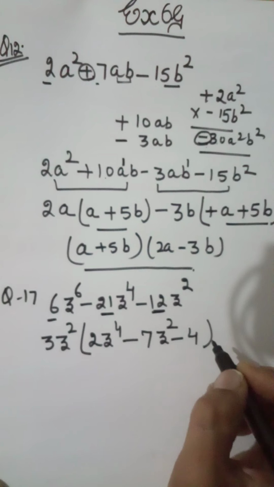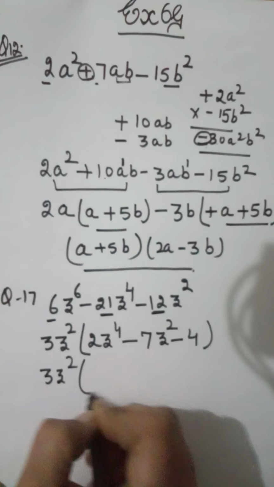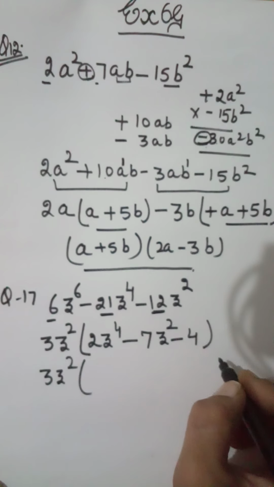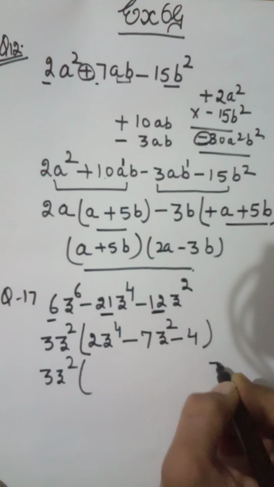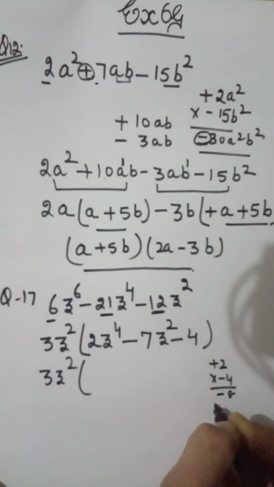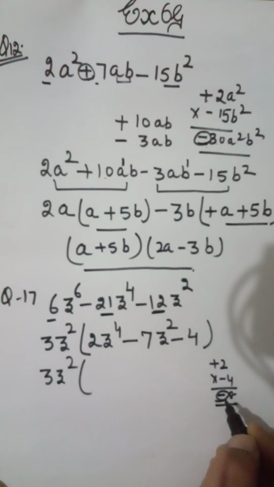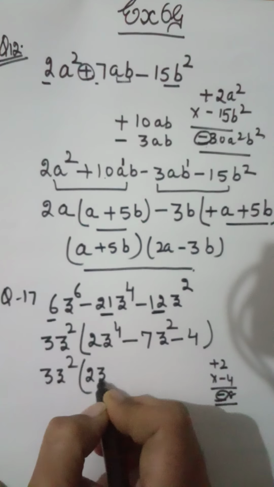Clear? Now it means we will do the factorization now. Now same, multiply first and last term, that is plus 2 into minus 4. It will be minus 8. Now product is negative. You will take one positive sign and one negative sign. So 2 z4.